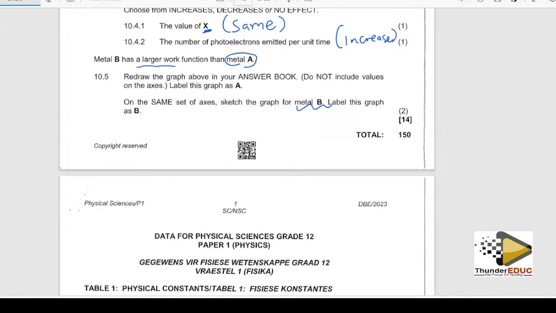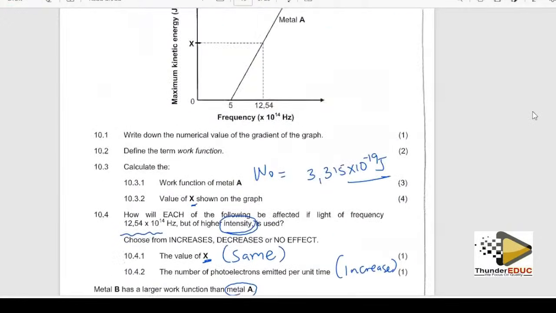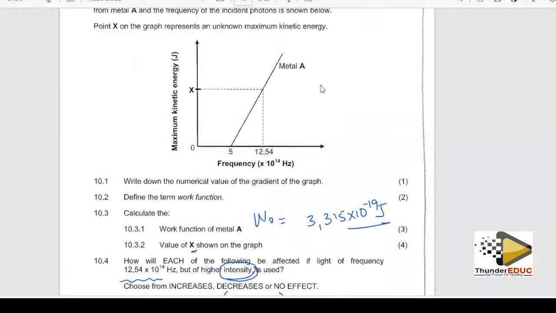So from the graph, I don't need to draw it, I'll just use this. If this is our graph A with this sort of work function, graph B has a higher work function, which means it must be drawn somewhere there. If this frequency is high, then even the work function is going to be high.